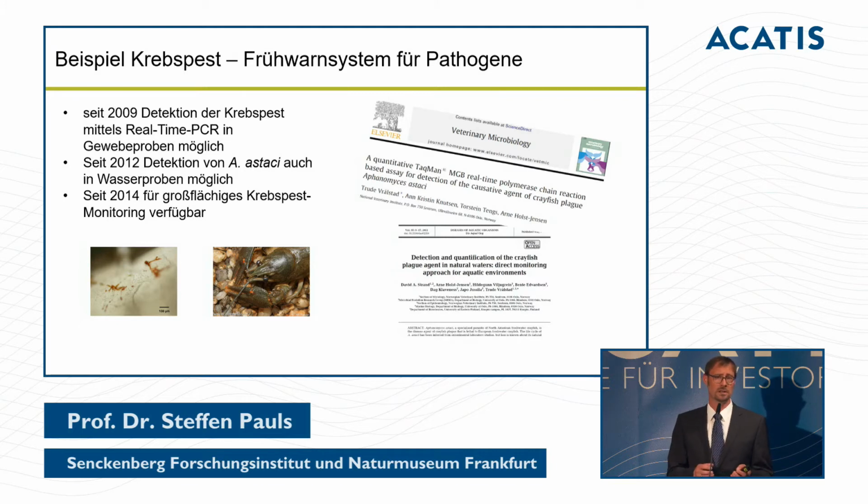So by using amplification technology and eDNA, we can take it from the water and the tissue. So the detection of the crayfish plague is easy. This detection system has been established since 2009, and we have a monitoring program to protect this crayfish against this plague.